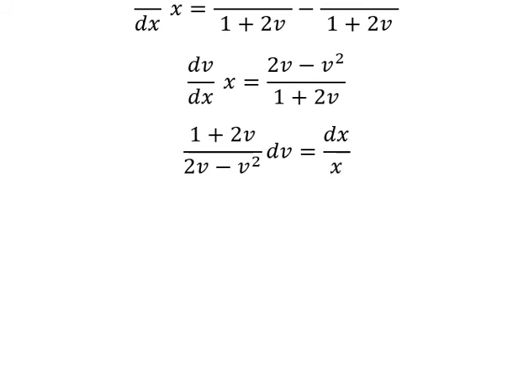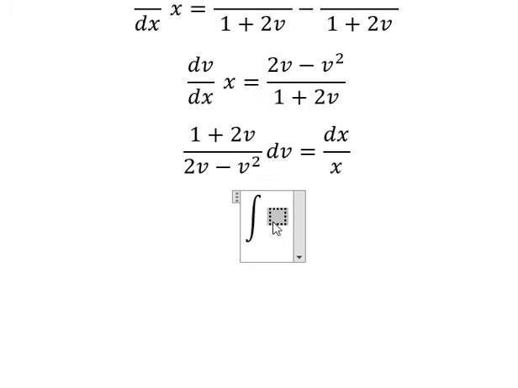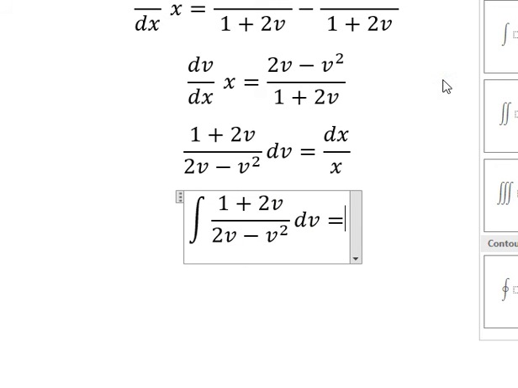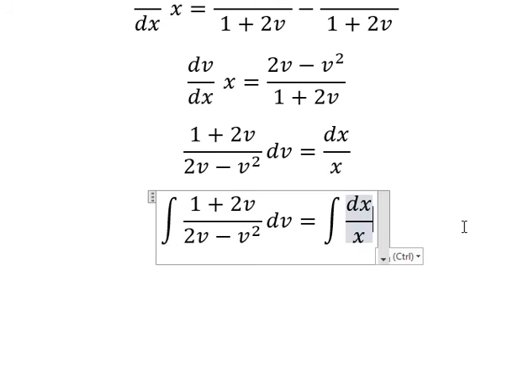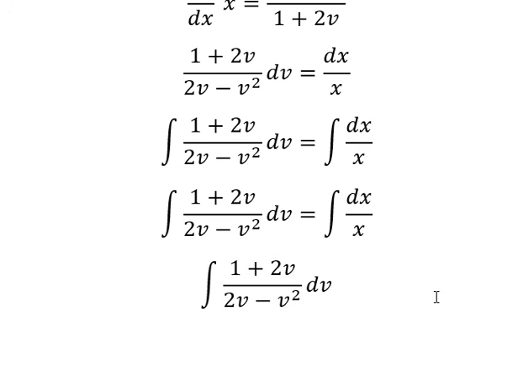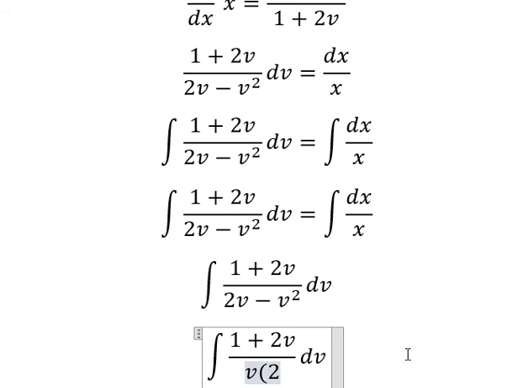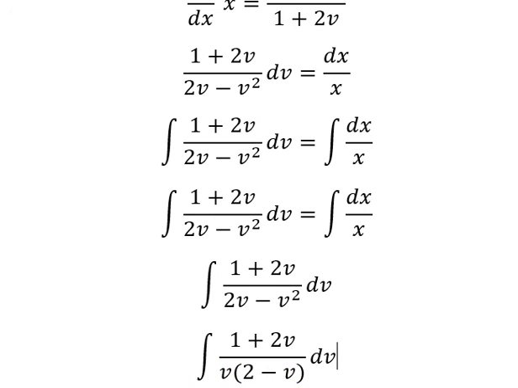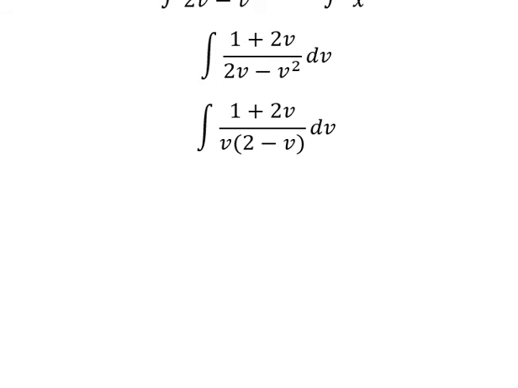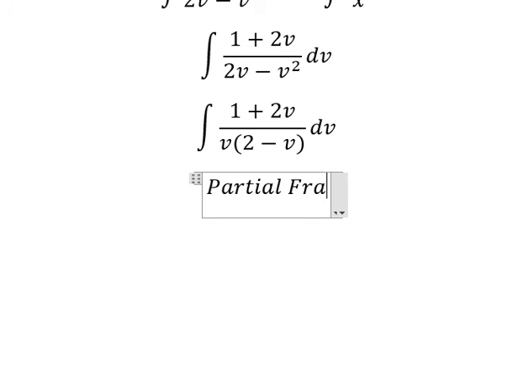Next, we need to put the integration on both sides. So this one we can do factorization by v. So we can use partial fractions.